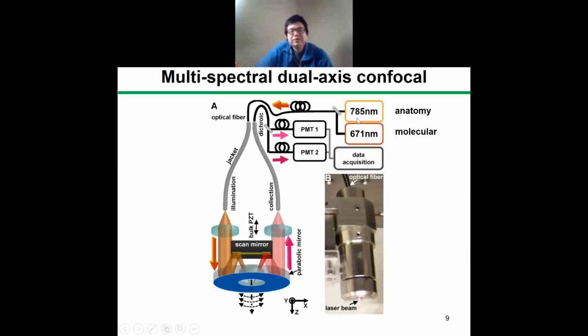And on the excitation and detection side, we have two solid-state lasers, 780 and 670. We also use a PMT for harvesting the fluorescence collected from the other arm through the automated beam.